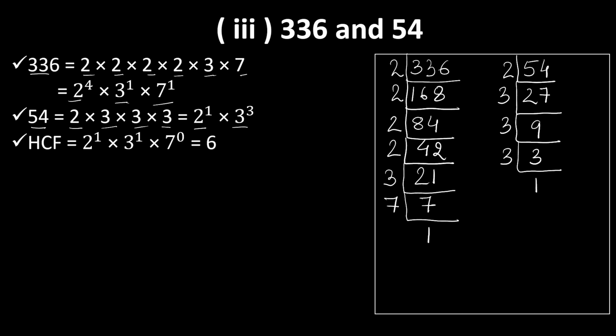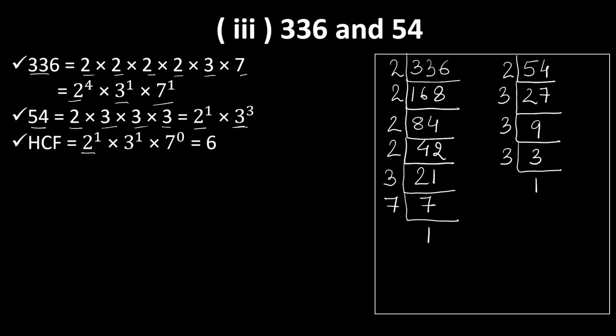Now for HCF, highest common factor, we will write down the smallest exponent possible in both the numbers for that particular prime factor. So if you observe, 2 is occurring 4 times in 336, whereas in 54 it is occurring only once. So therefore we will write 2 raised to 1 here. Same for 3, it is occurring once in 336 but thrice in 54.